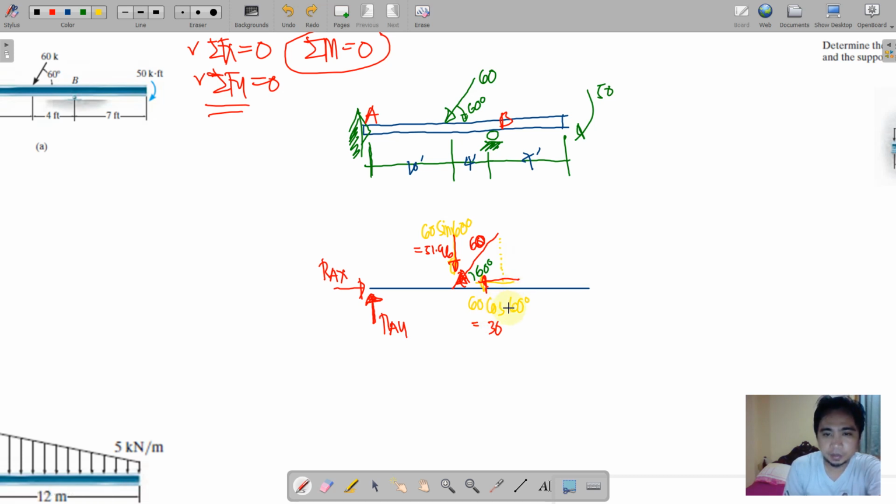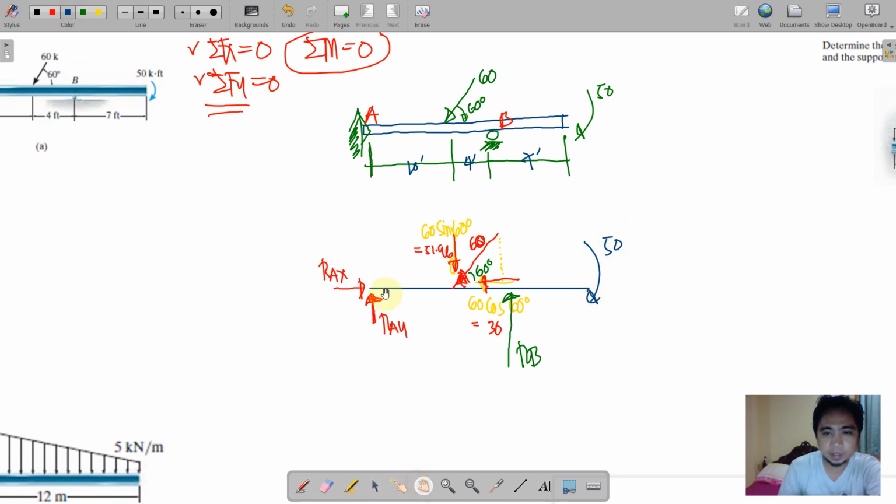And then of course, meron din tayo ditong reaction. This is a roller, so there will be a single reaction here. Say this is RB. And of course, we should not neglect this force. This is 50.